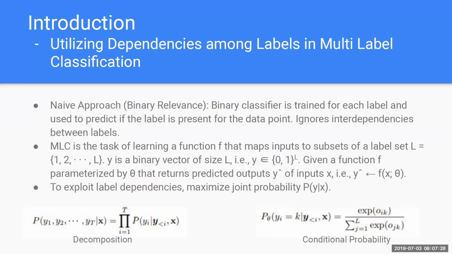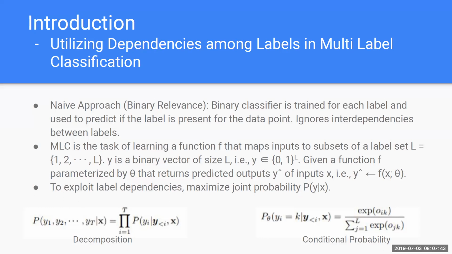So to model these dependencies, we decompose the joint probability into a product of the individual probabilities, basically in a sequence.